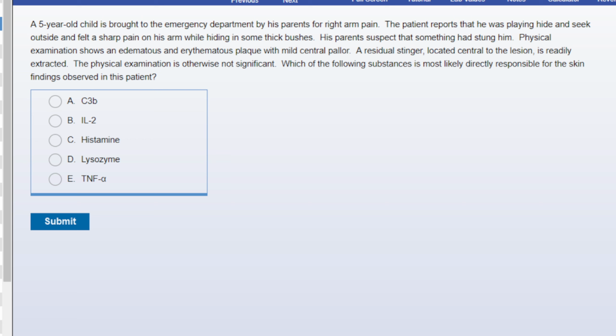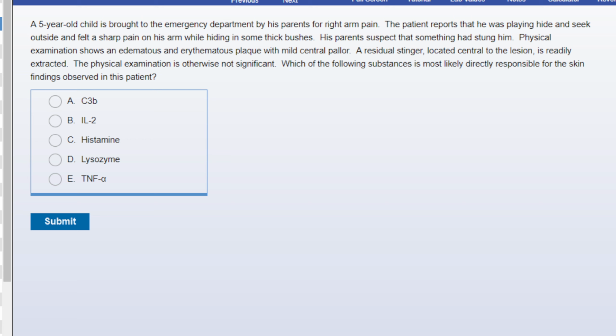The physical examination showed an edematous and erythematous plaque with a mild central pallor. A residual stinger is localized at the center of the lesion, already extracted. The physical examination is otherwise normal.